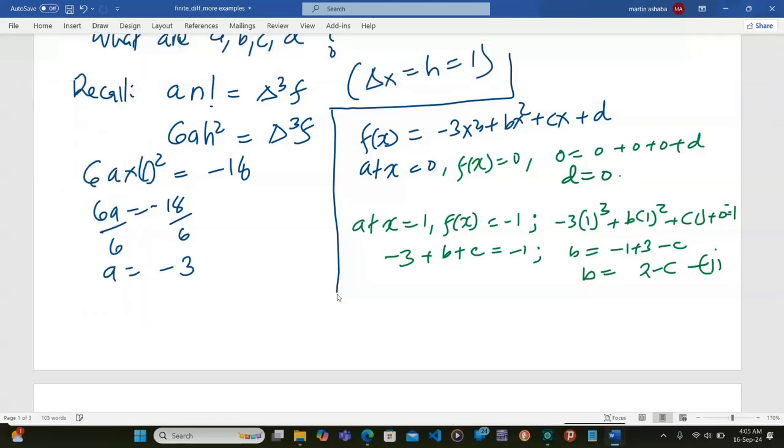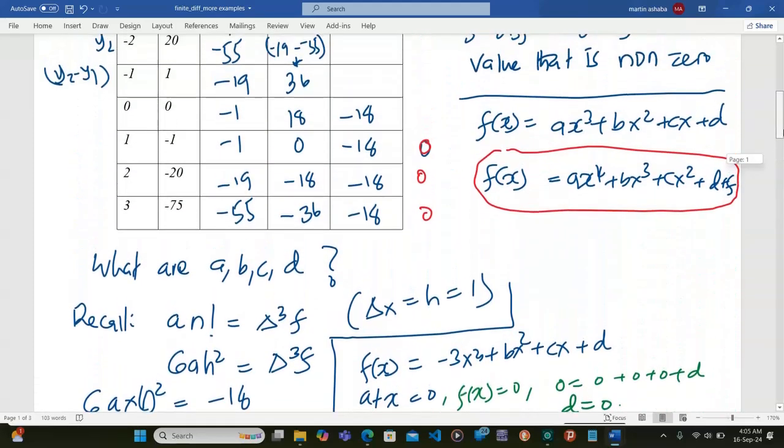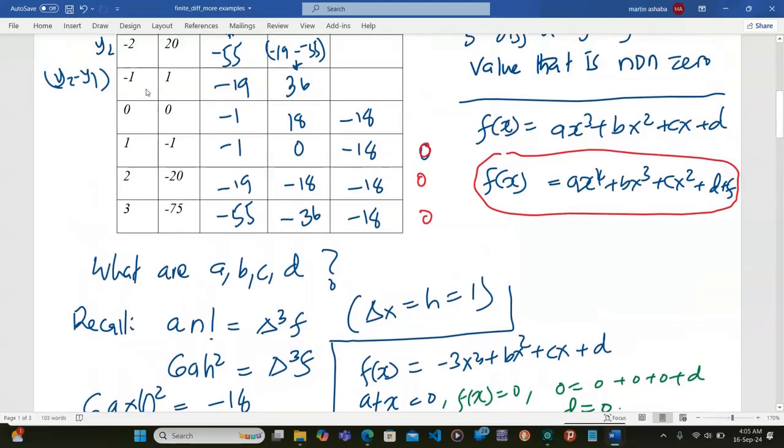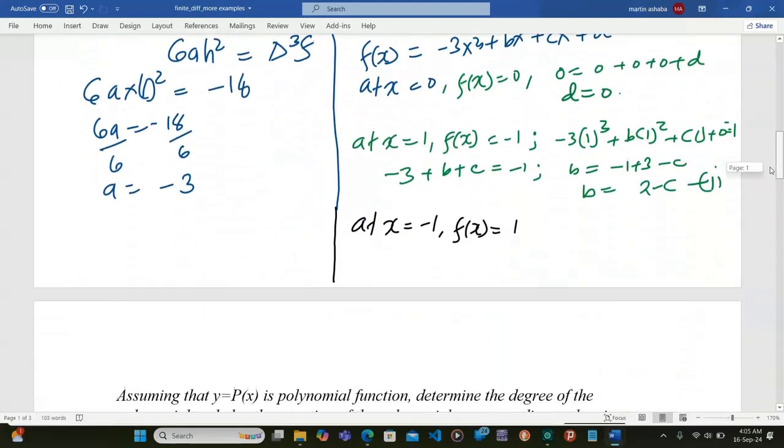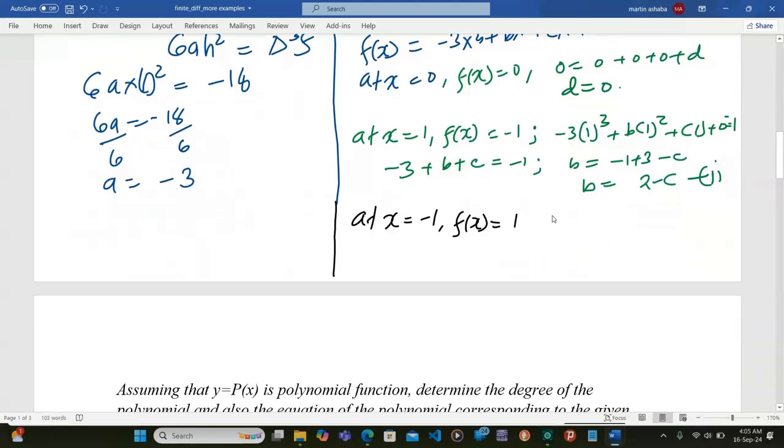We proceed to a point where we have x is equal to negative 1, our f of x is equal to 1, as we have already seen. So we substitute in those values. We are going to put negative 3 into negative 1 cubed plus b into negative 1 squared plus c into negative 1 plus 0 is equal to 1.